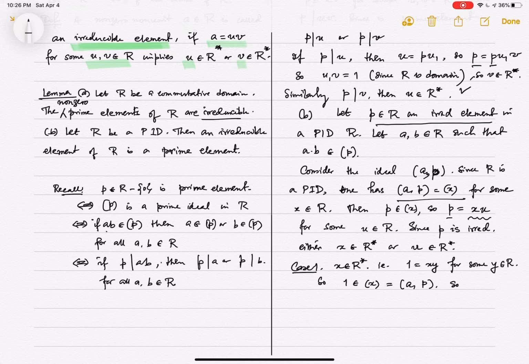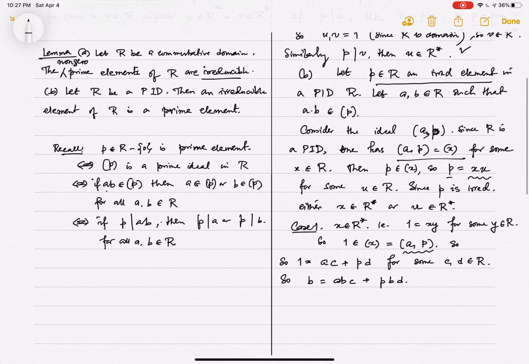So what does that mean? What are the elements of this ideal generated by A and P? They're all things that look like A times something plus P times something. And 1 is one of those guys: 1 equals AC plus PD for some C, D in R. So then B is ABC plus PBD.